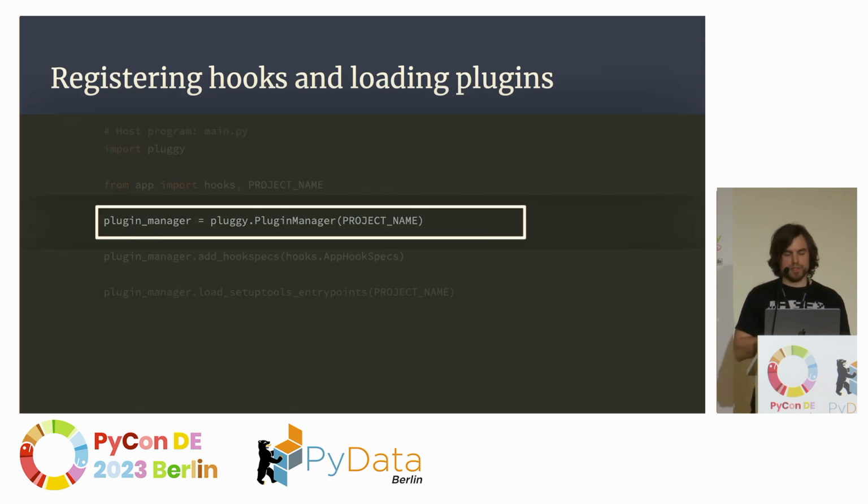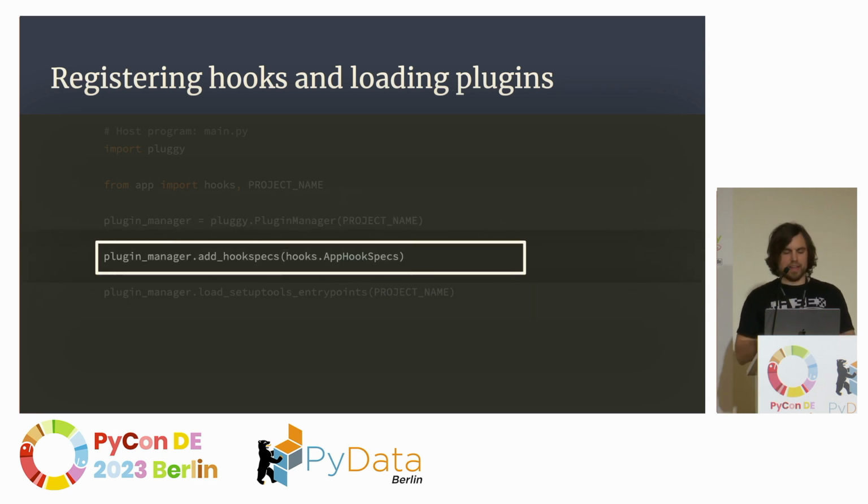First, we implement a plugin manager object, and it just takes the project name as an argument. Then we use the plugin manager object to add the hook specs. Remember before when I talked about this app hook specs class as basically being a namespace?